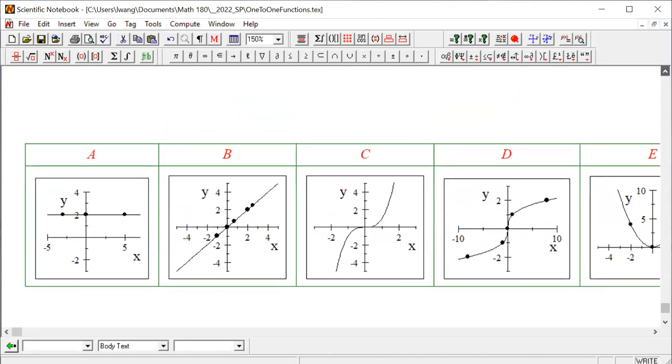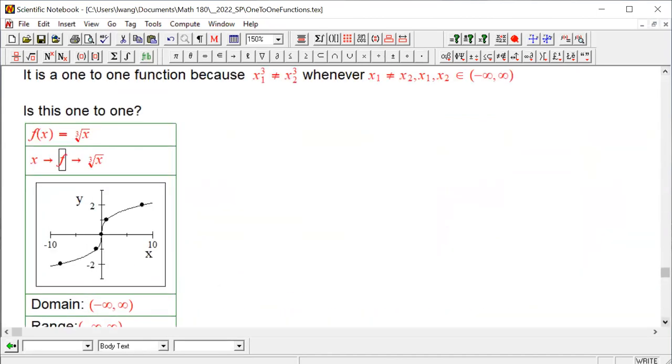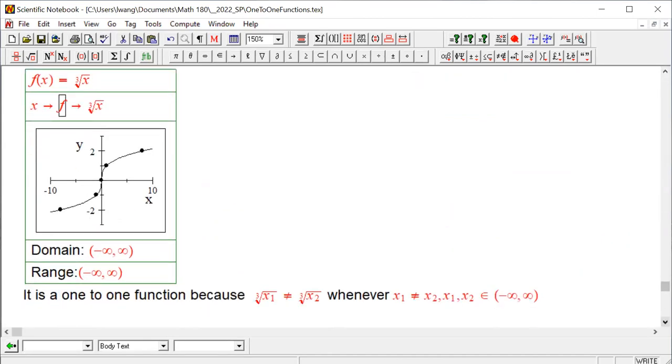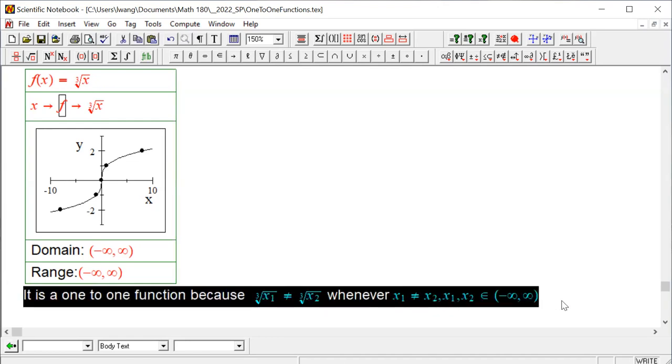As long as you do these, and you have seen my examples, you're good. And of course it passes the horizontal line test, right? But I still want you to use the words. Using the words will be the best training to prepare you for your calculus classes, okay?